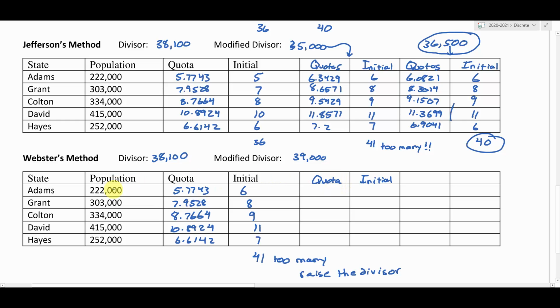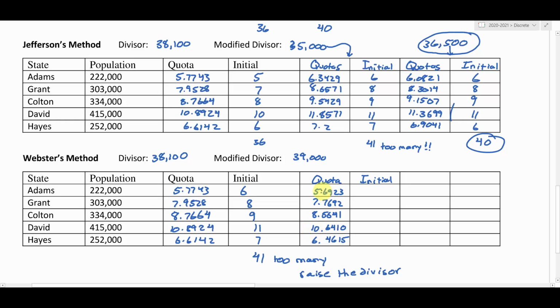So I'm going to go through, take my individual populations, divide by 39,000 and get a new set of quotas. All right, so there's our new quotas, and again, you can compare those to the old ones so you can see what changes were made. Remember, we are still rounding because we are in Webster's method, so we're not just taking the whole number parts.